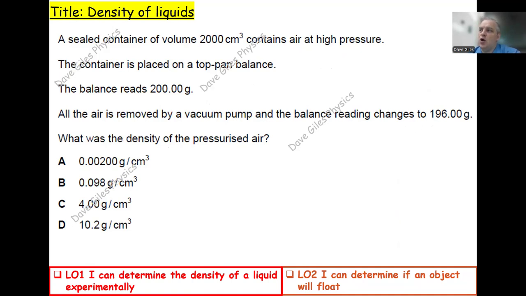What is the density of the pressurized air? The air that was removed is 200 minus 196, so it's 4 grams. So the density is 4 divided by the volume of 2,000. So you get 2 times 10 to the minus 3 grams per centimeter cubed. So the answer is A.